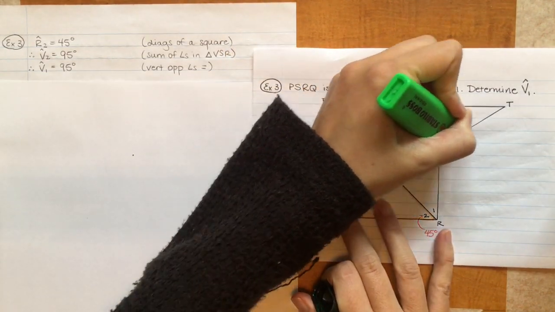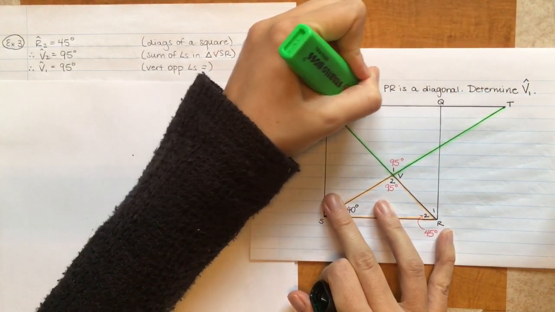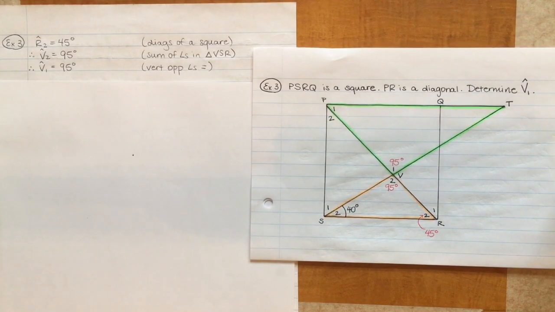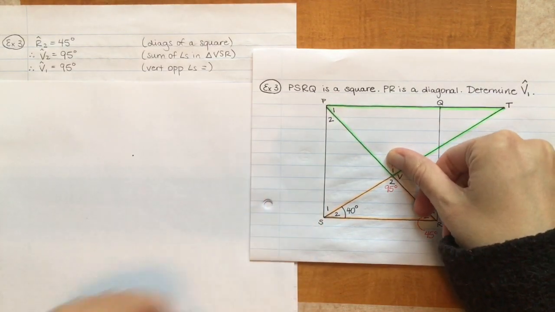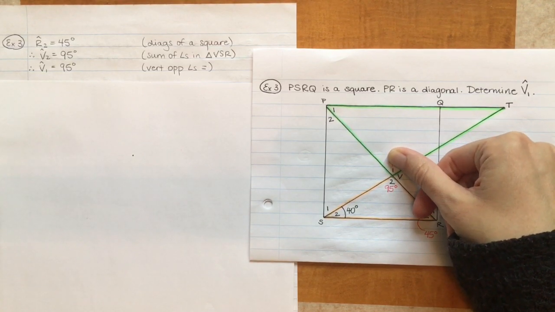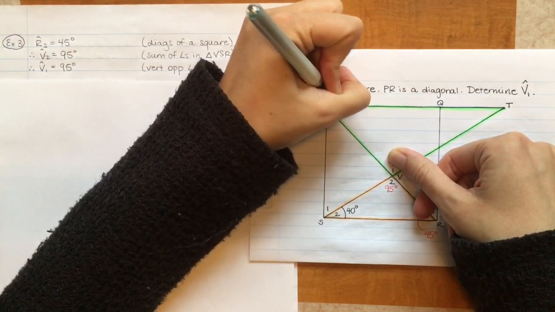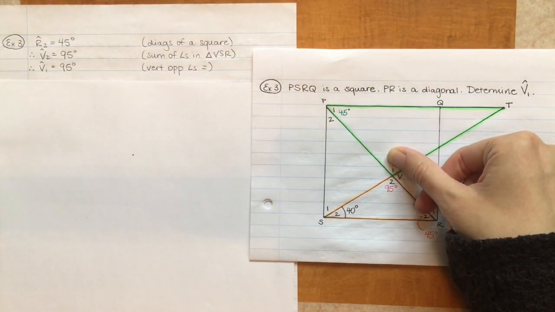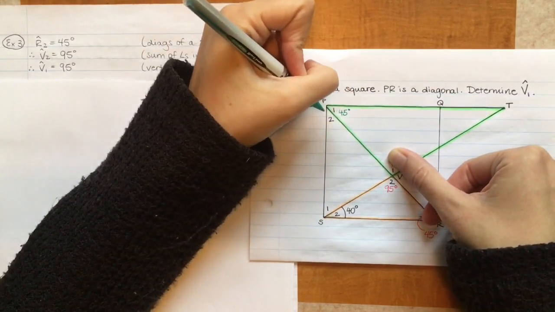In the top triangle, okay, pretend we don't know V1. We have P1, which we said was 45 degrees because the diagonals of a square bisect the 90-degree angle.